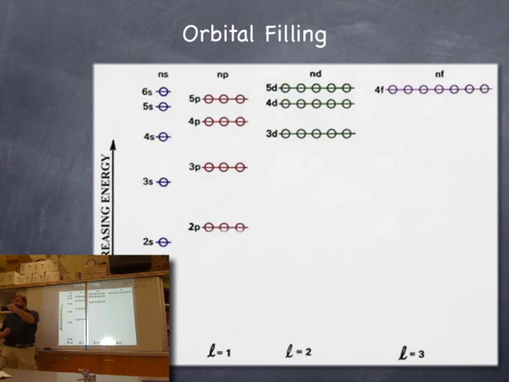Rule number 1. Pauli exclusion principle says no 2 electrons in the same atom can have the exact same set of quantum numbers. So that's where our m sub s comes in. Here, this is our 1s orbital, right? So what's our quantum number n?